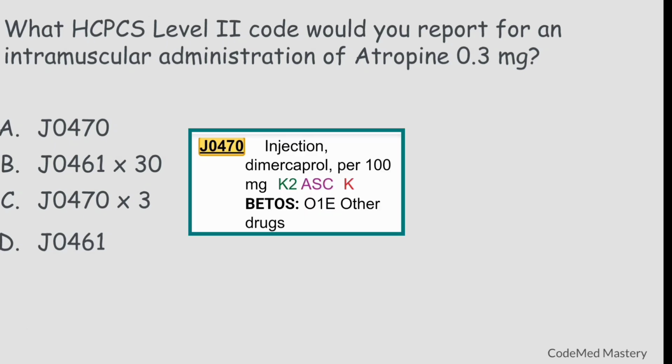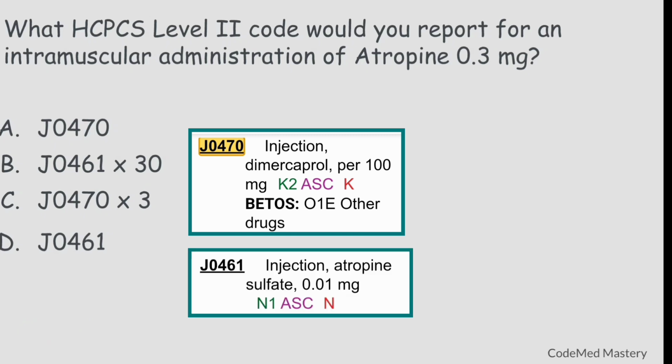J0470 is for injection dimercaprol per 100 mg and J0461 is for injection atropine sulfate 0.01 mg. So, among these two codes, the right code is J0461, that is for injection atropine sulfate 0.01 mg. So, we'll eliminate option A and C, which has the code J0470.